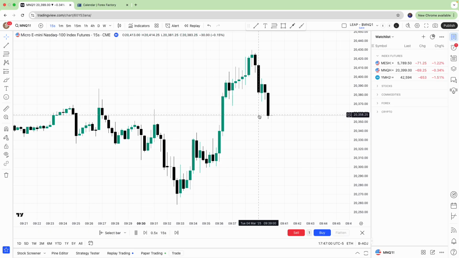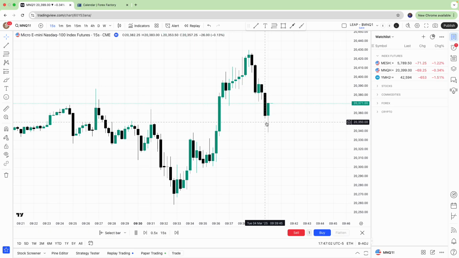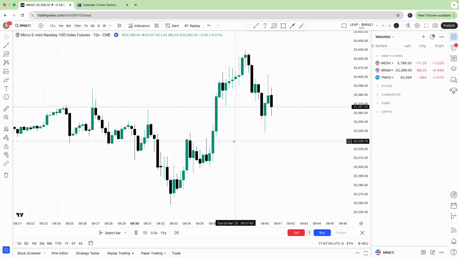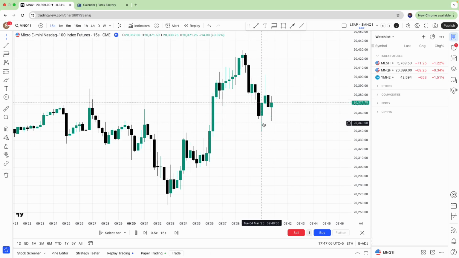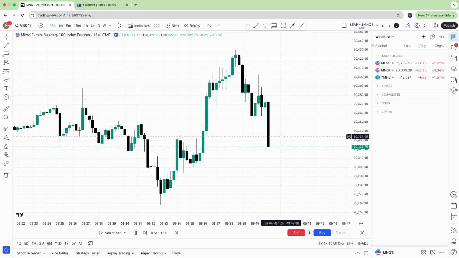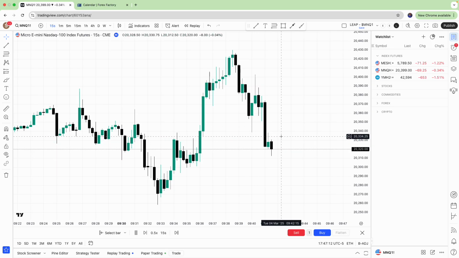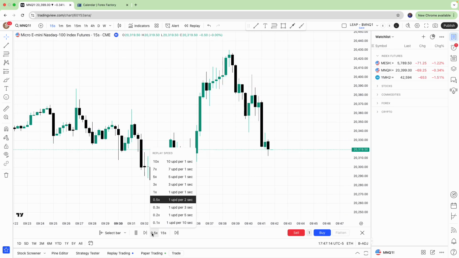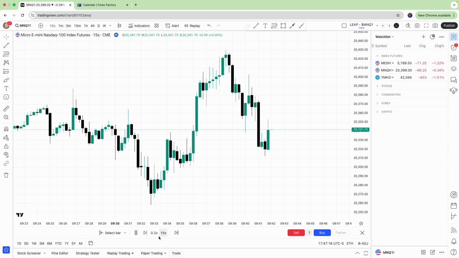But this is price action from today, and price won't look like this normally. It's just like this because it's in this replay mode, which isn't the best. Let's speed this up a little bit here.